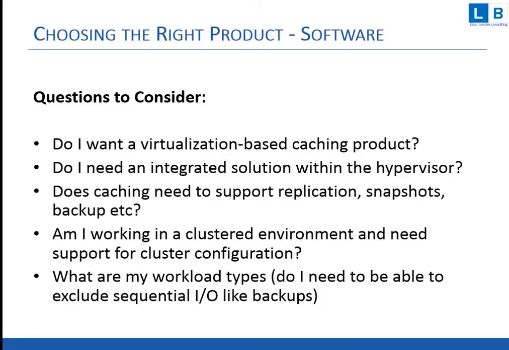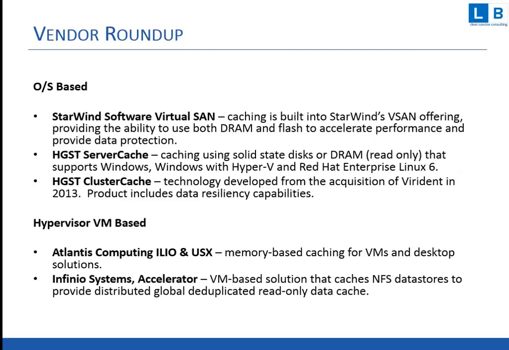So let's talk about some of the vendor products out there and have a quick roundup of some of the options. So from the operating system perspective, we know there are products out there like StarWind Software's Virtual SAN, and I'm going to let Max talk about that in a moment. Hitachi Global Storage Technologies has two products, one called Server Cache, one called Cluster Cache.